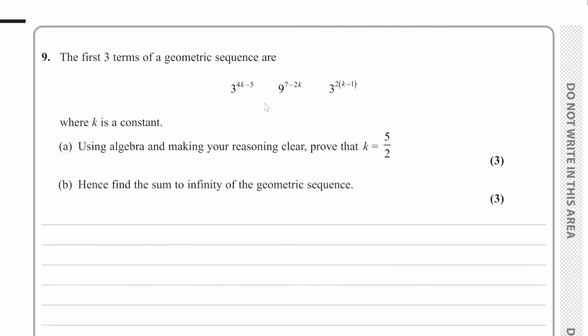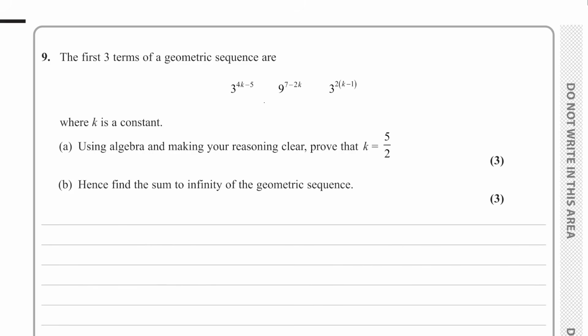The first three terms of a geometric sequence are 3 to the power of 4k minus 5, 9 to the power of 7 minus 2k, and 3 to the power of 2 times k minus 1, where k is a constant. Using algebra and making your reasoning clear, prove that k is 5 over 2.